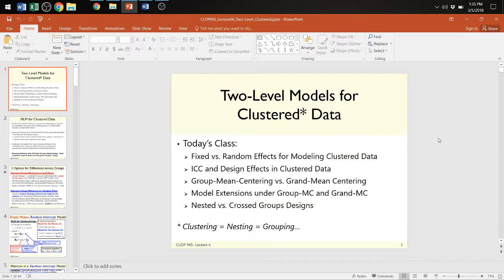So it's still true that we have level 2 between and level 1 within. It is still the case that level 2 means random effect variances, intercepts, and slopes of level 1 predictors. But now what between and within mean is between and within group. So the term is clustered data, otherwise known as nested data or any kind of grouping.